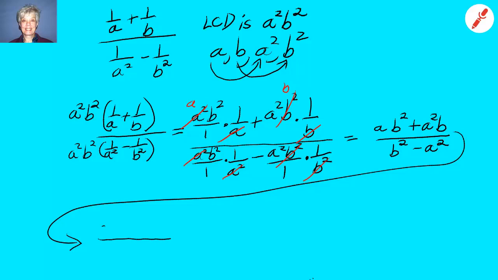Now I draw my fraction bar and I factor the top by a greatest common factor. You never stop factoring. And I factor the bottom by the difference of two squares.